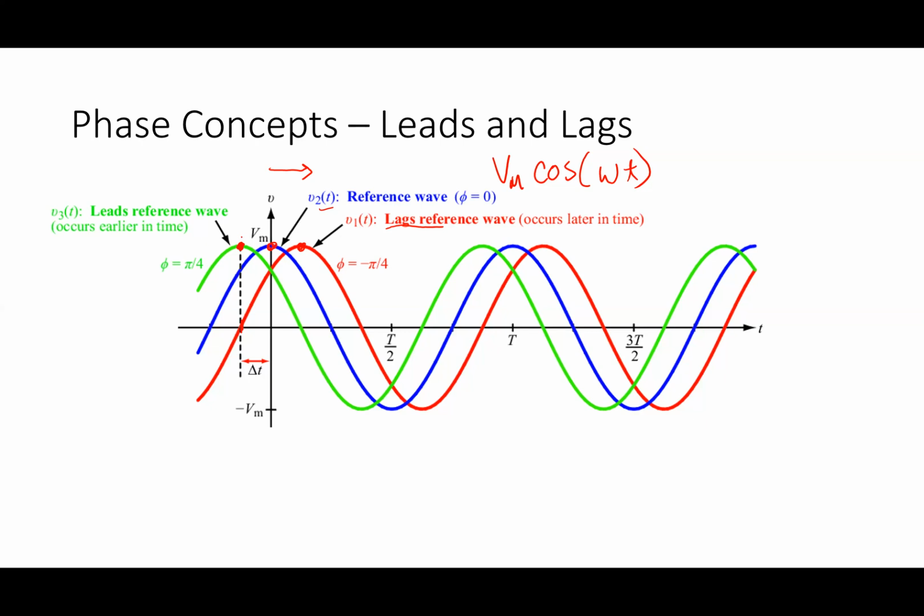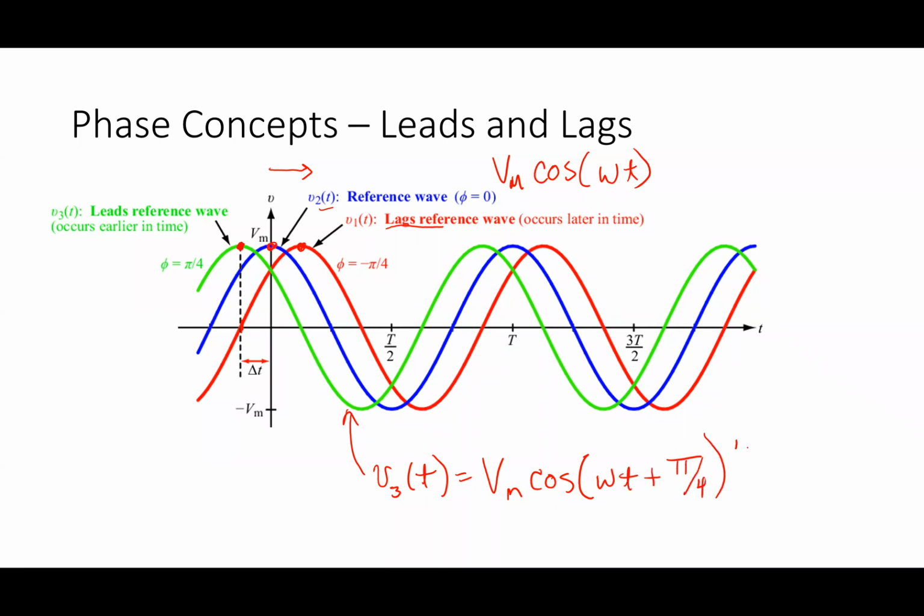So if I had to sketch out what these guys are, I'll write them all down here. This guy's V3 of t, according to what this says. V3 of t is Vm cosine omega t plus pi over 4.